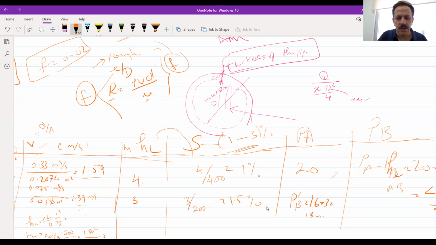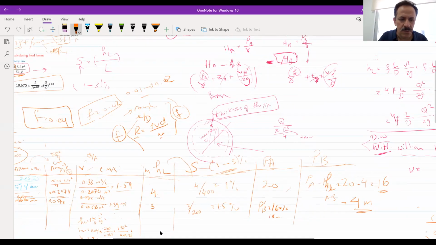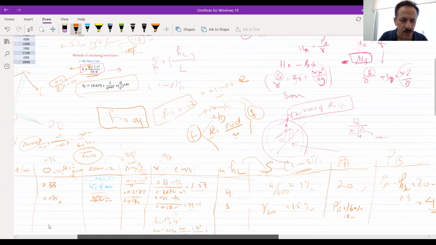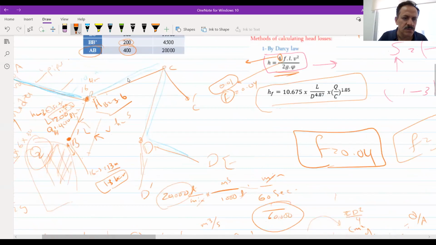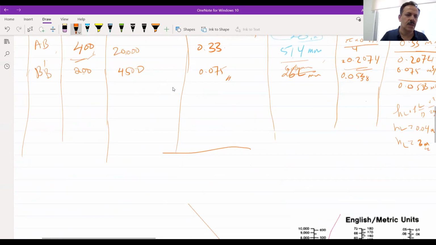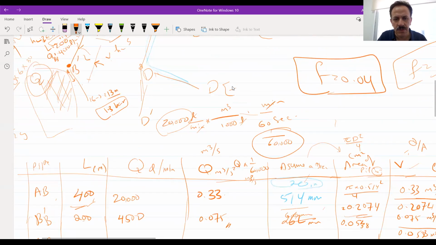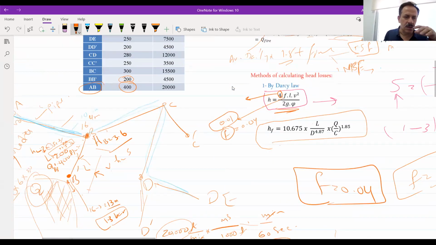Now, in this way, you have to go again for the next pipe. Where is the next pipe? It's BC. You have to do all the values as we mentioned. This pipe has a head loss of 4 meters, and this pipe 3 meters. You will find the head loss in each of those pipes.